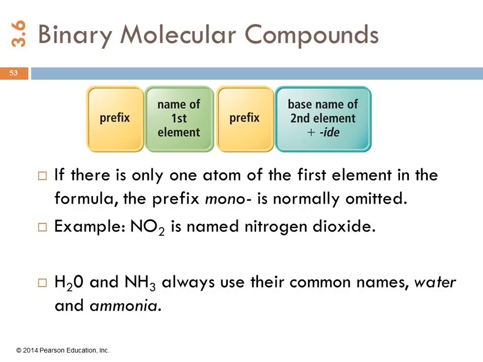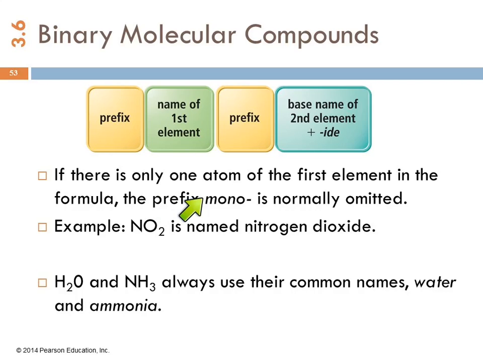So this is the general form: a prefix indicating the number, and that'll be right on the name of the first element. It's not real obvious here, there's a space there. And then the second word is a prefix indicating the number of the second element. We change the ending of the second element to "-ide".